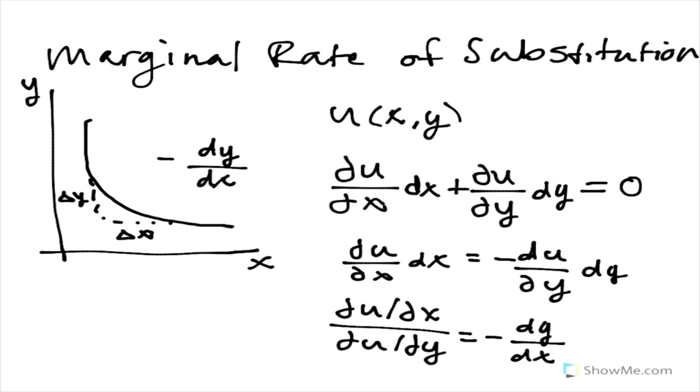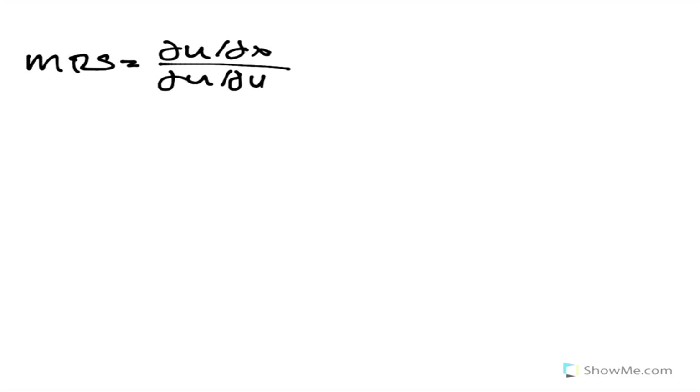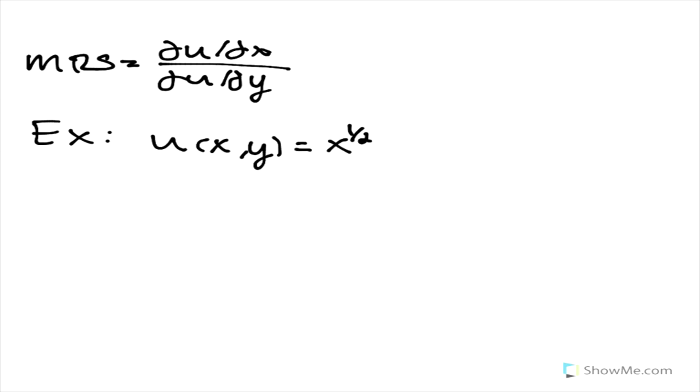Alright, now using this formula, we can do an example here real quick. So remember, the marginal rate of substitution, as we just found out, was the derivative of utility with respect to x divided by the derivative of utility with respect to y. And now let's say we have this utility function u(x, y) is equal to x to the 1/2 times y to the 1/2.